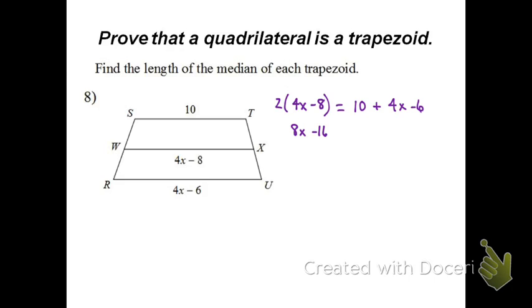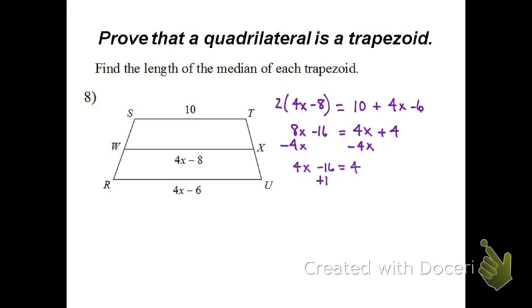So now we have 8x minus 16 is equal to 4x plus 4. Now when you get to a certain point in solving, you might not mind solving 2 parts at once anymore. We have 8x minus 4x, which is 4x minus 16 equals, and then I'm going to drag that 4 closer to the equal sign.